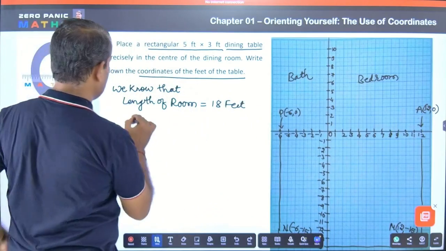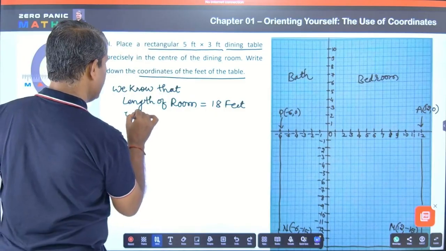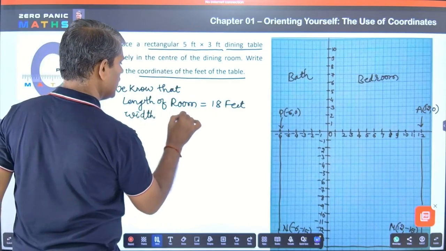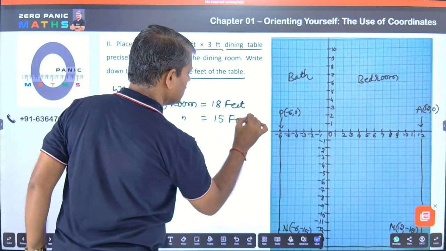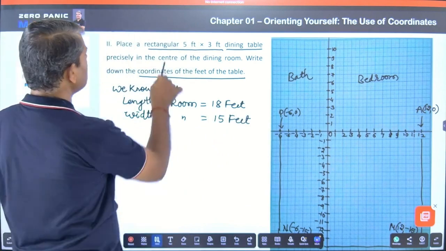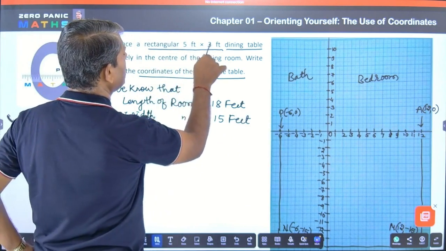Similarly, the width of the room is 15 feet, this is also given. And what is the table size? It is 5 feet by 3 feet.